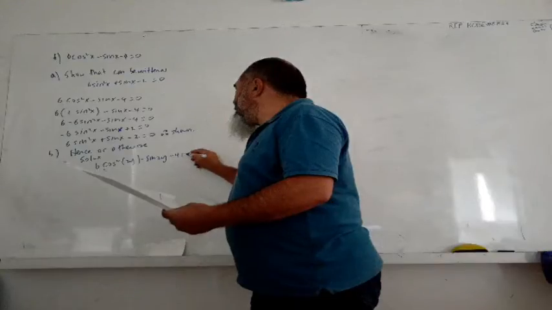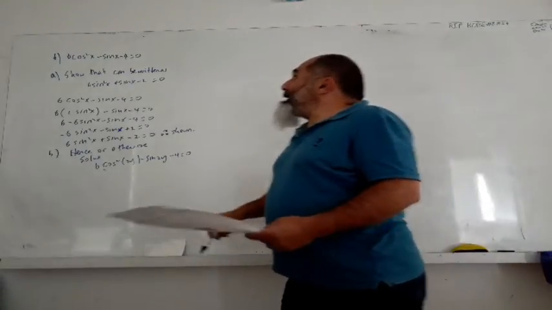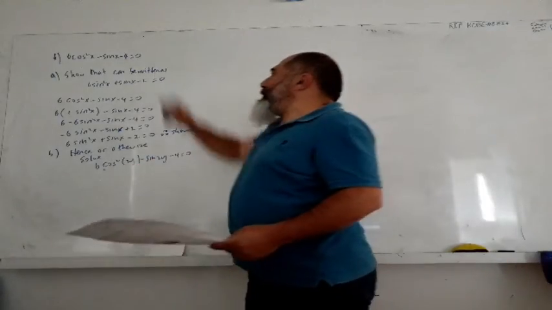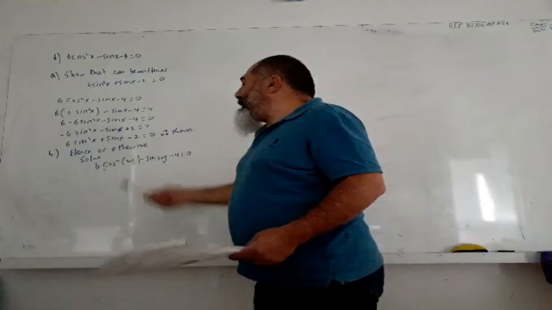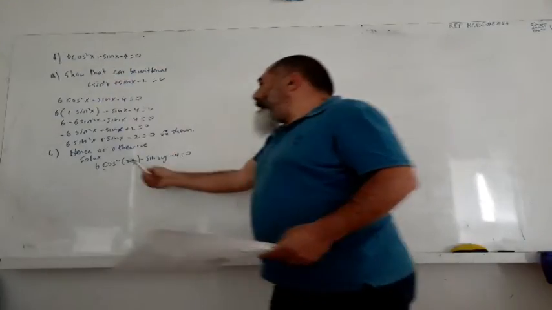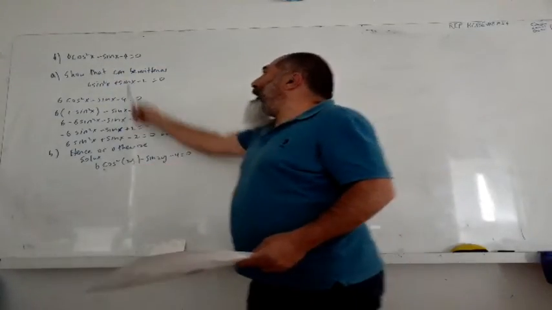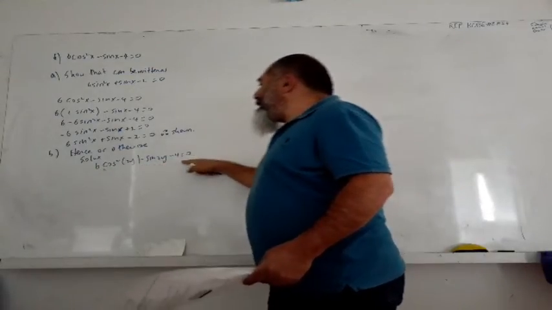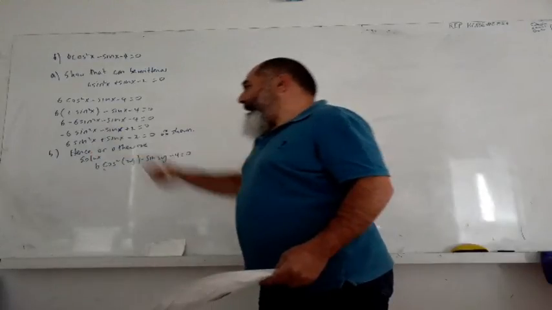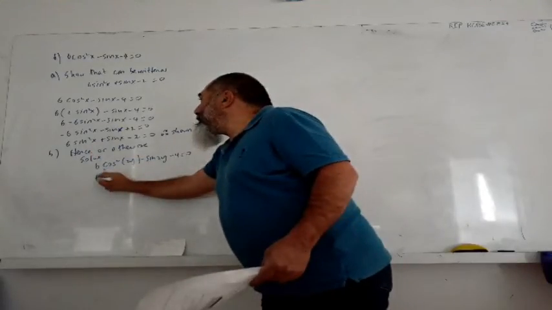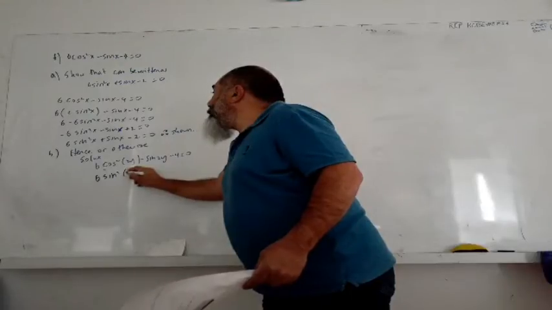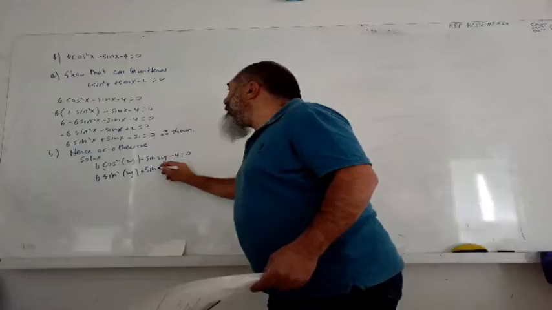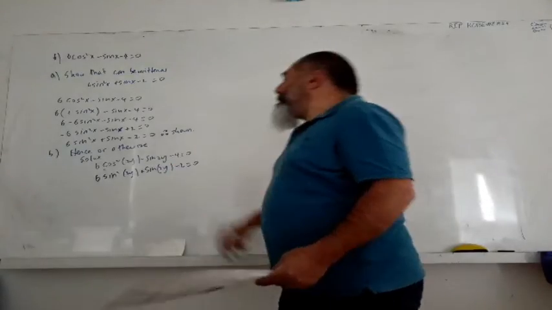As you see, this expression and that expression are nearly the same, but instead of x, we have 2y. So we can rewrite this as 6 sine squared 2y plus sine 2y minus 2 is equal to 0.